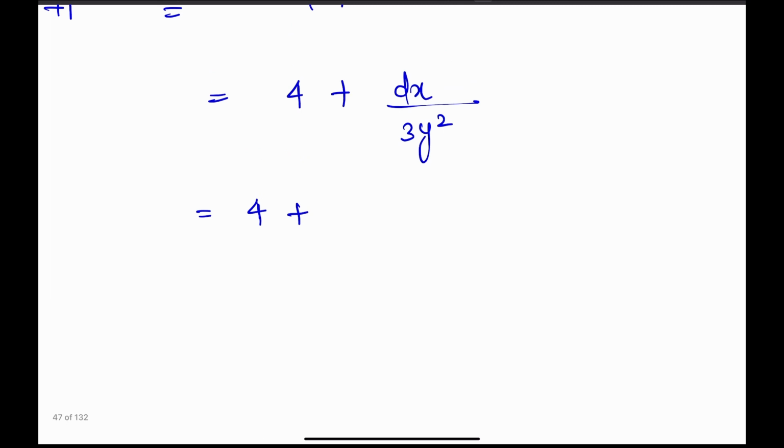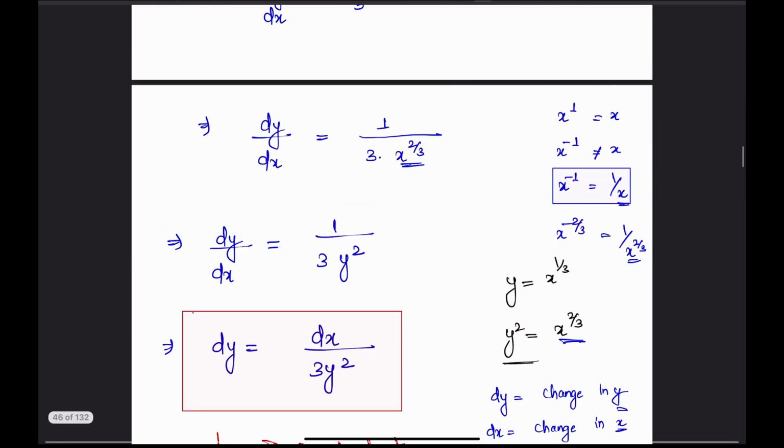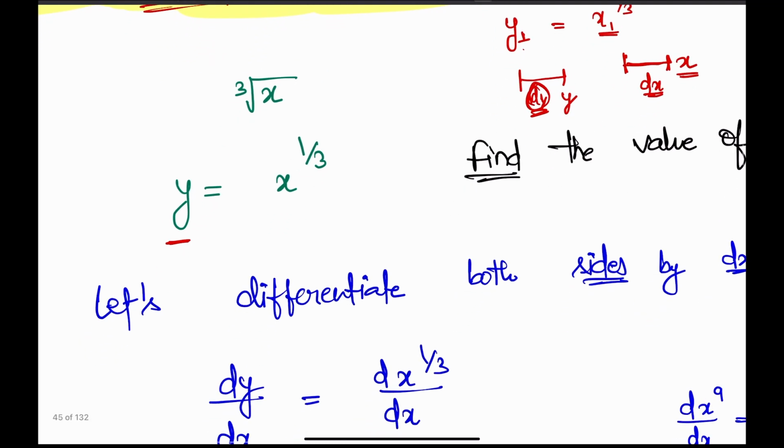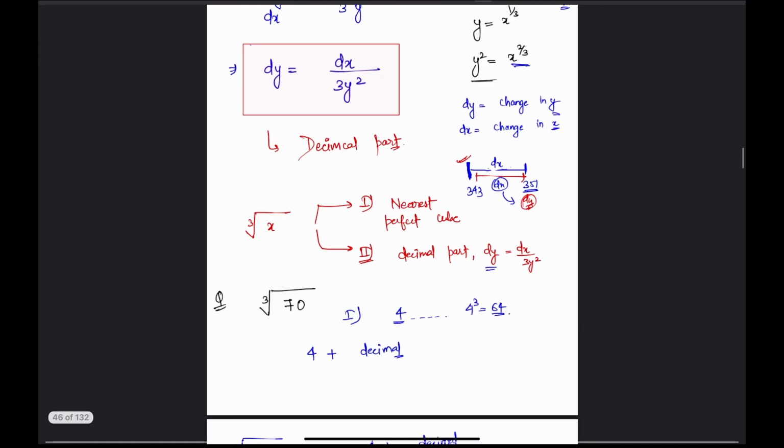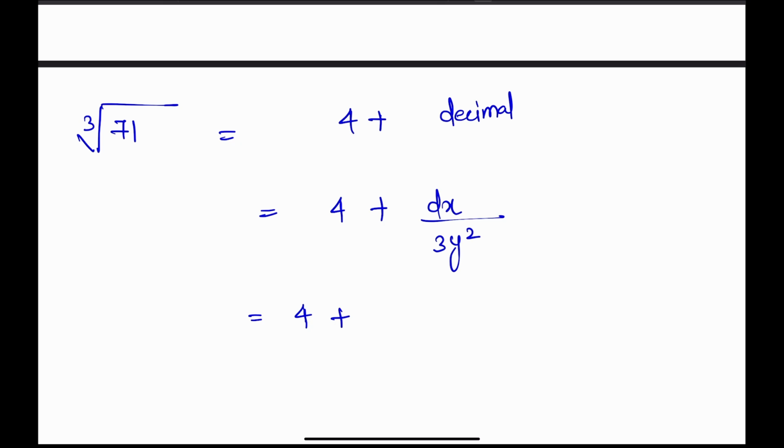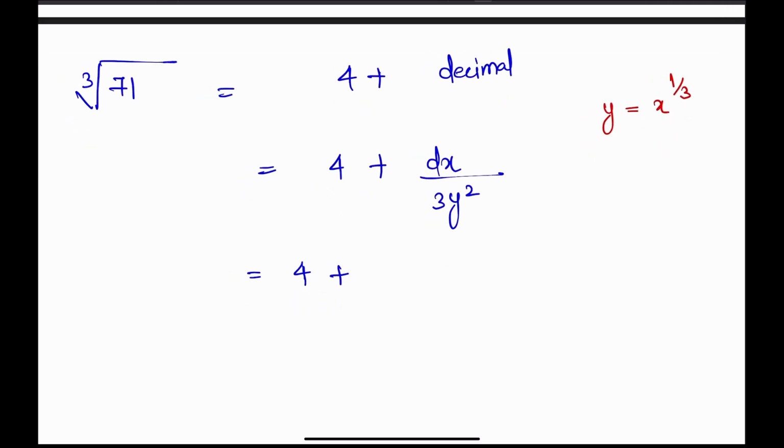What is dx over here? In the beginning, if we see, x is this one. If the value is written as y equal to x to the power 1 by 3, and we want to find the value of, suppose, y1 equal to 71 to the power 1 by 3, and y2 we know is 64 to the power 1 by 3, or y2, suppose, is 4.